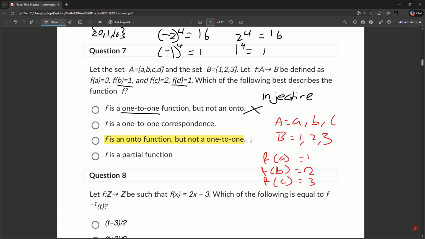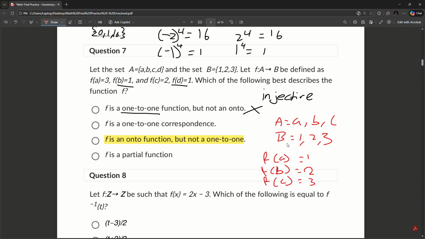onto function. Sorry, I had it mixed up. It is a one-to-one function, meaning every item is unique, right? There's no duplication. So it's not like f(D) is 1 as well. So that's a one-to-one.